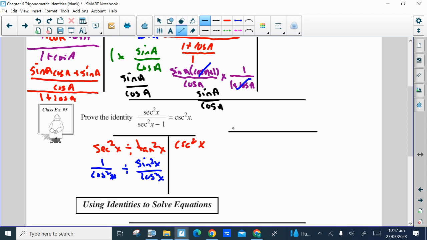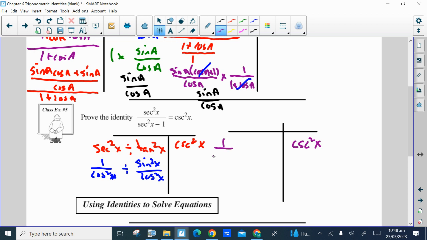So if I continue working my way through, we've said that the right side is cosec squared x. On the left side, instead of dividing by a fraction, we're going to multiply by the reciprocal. So instead of dividing by sine over cos, we'll multiply by cos over sine. And we've seen this many times.